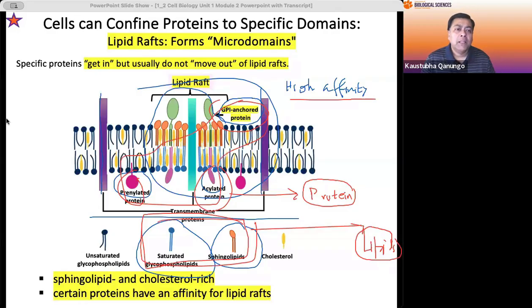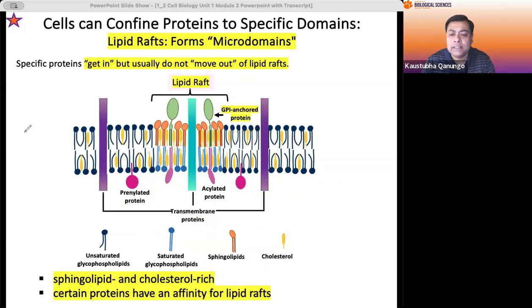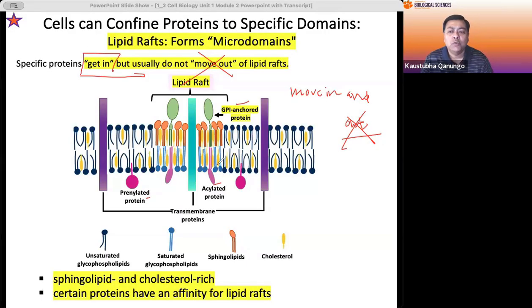That's your number one. The number two is, say for example, which of the following is false? If we say that the GPI anchored protein, acylated protein, and prenylated protein move in and out of the lipid rafts very easily, this will be totally wrong. They do not move out, they get in. This is the only thing. They usually have a high affinity, so they will all come in and they will stay there. They do not move in and out.